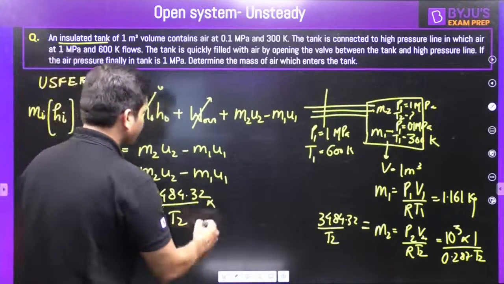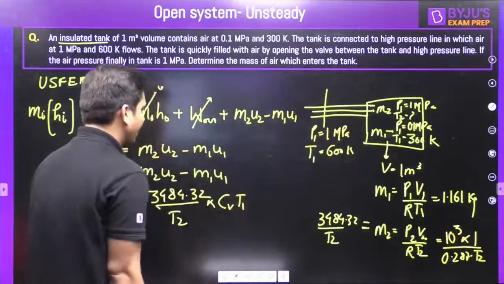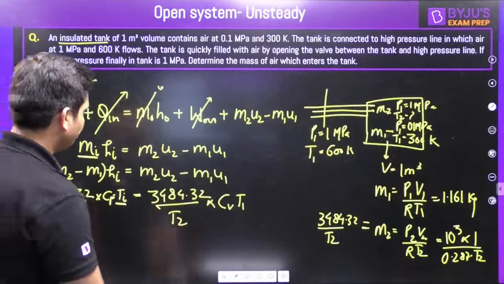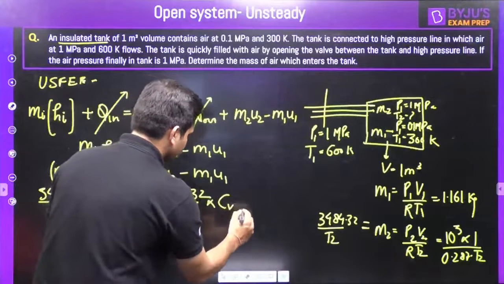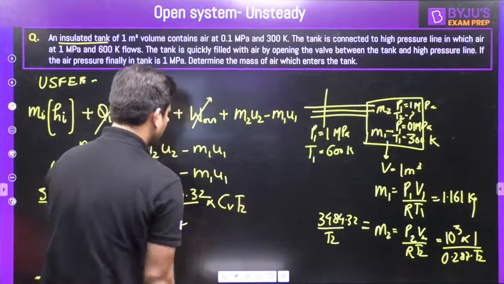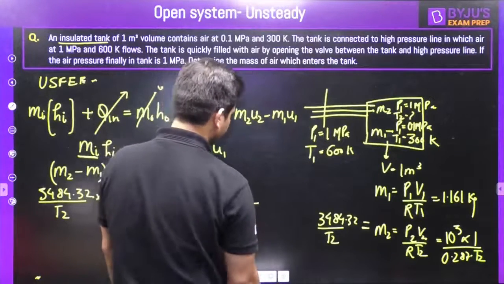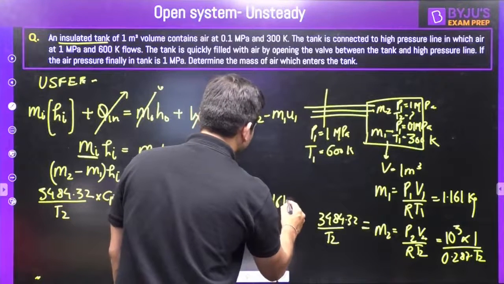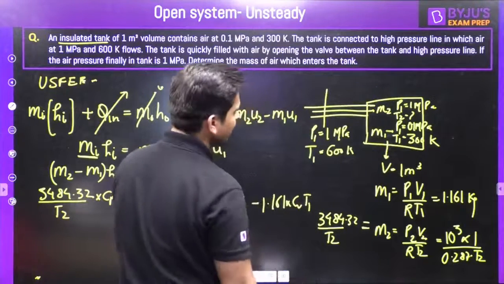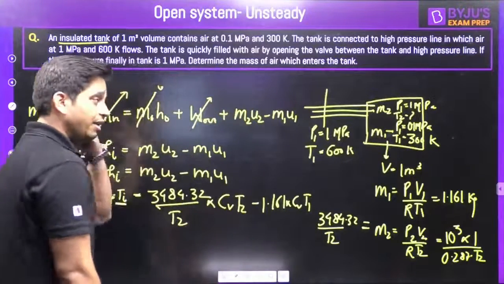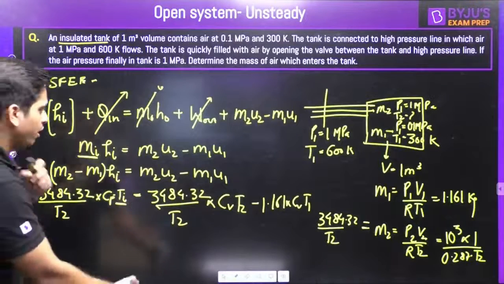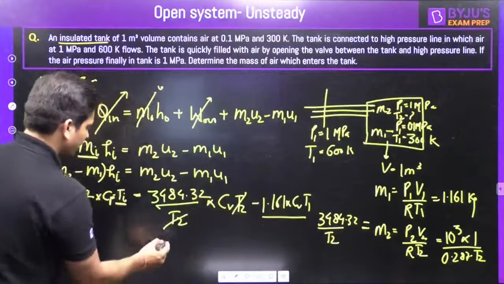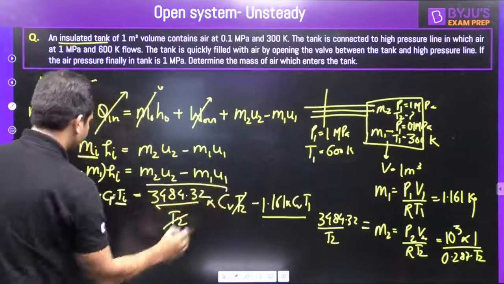U2 is what? CV T2. I know T1, I'm sorry, T2, minus M1, 1.161 CV T1. T1 is 300. T2 I don't know. This will get cancelled. This you can calculate and this you can calculate.